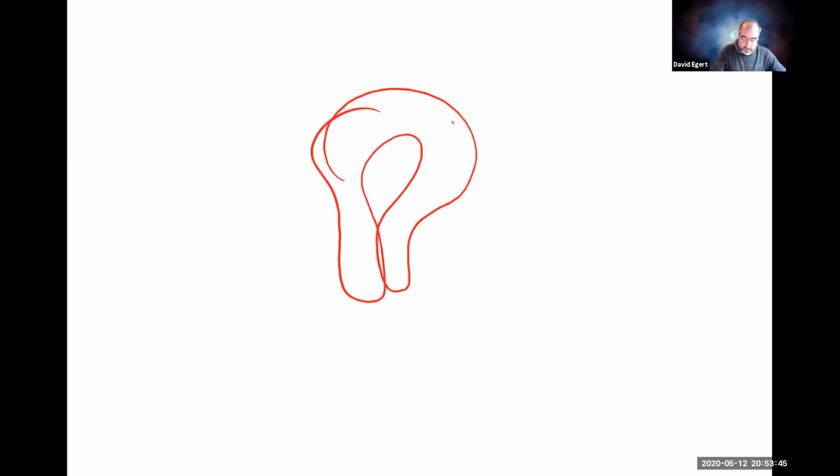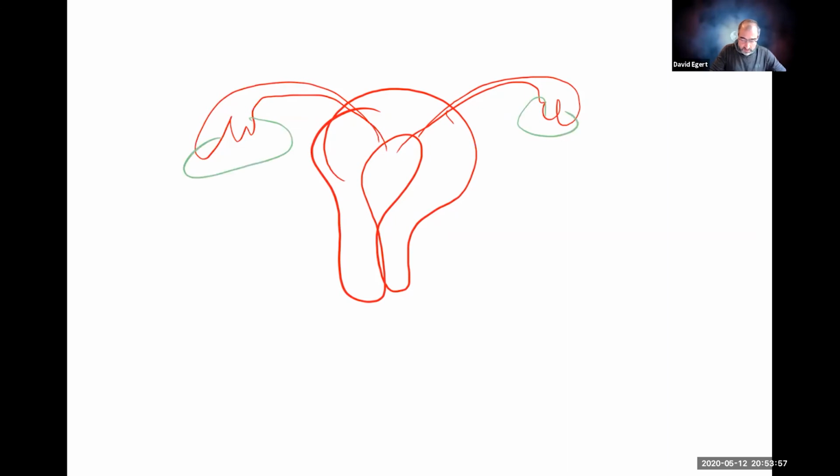If we're looking at the uterus and the fallopian tubes, the ovaries, the vaginal canal, there's a variety of things that stabilize this whole thing. One is ligaments that go straight from the ovaries to the side of the uterus, called the ovarian ligaments.